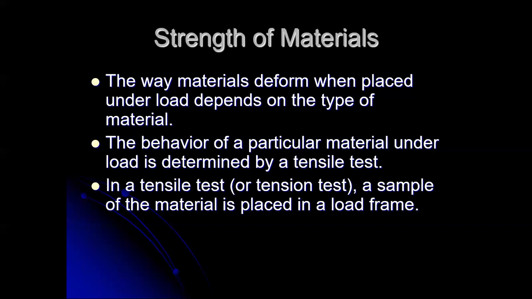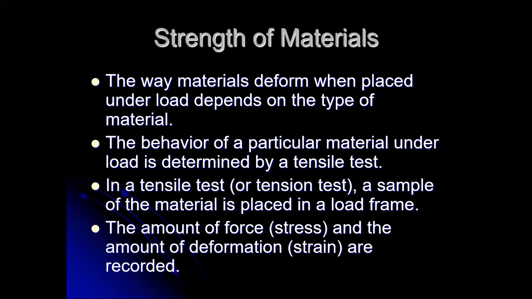So in a tensile test, we put the material in a load frame and we pull on it, and we record how much force is applied and how much deformation occurs. Now, deformation, elongation, is related to the material property of strain. So we have material properties, stress and strain.